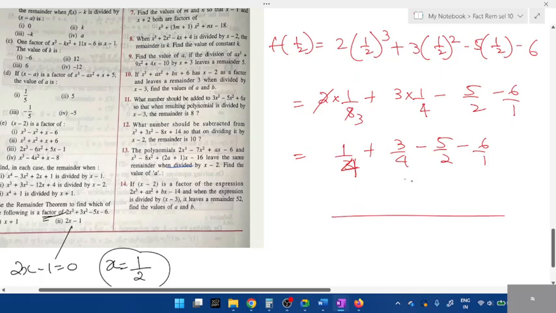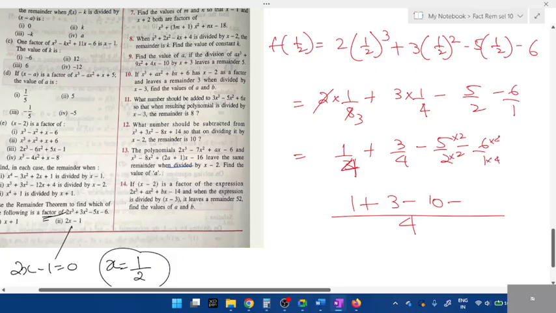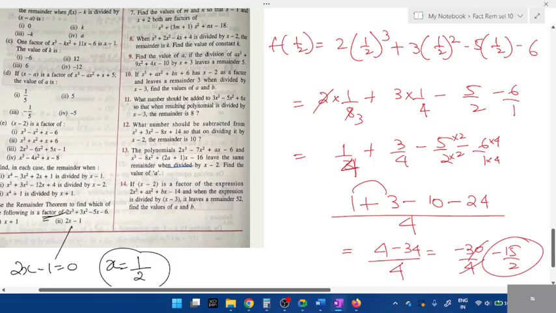Okay, 2 by 4. What's the LCM? 4 minus 10 minus 20. These two are positive, students. 1 plus 3 is how much? 4 minus, if you subtract, you get, you don't have to convert into decimal, don't do all those things. 15 by 2, it's not equal to 0, right?